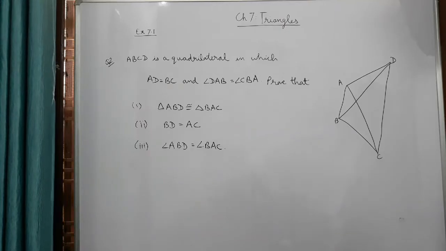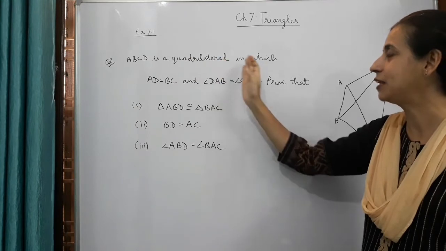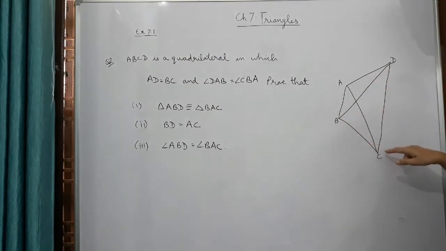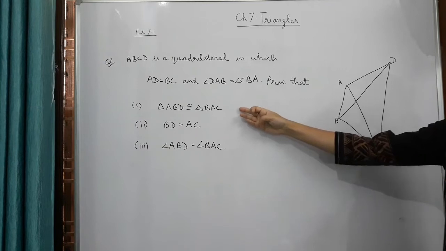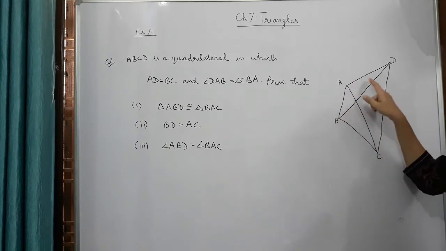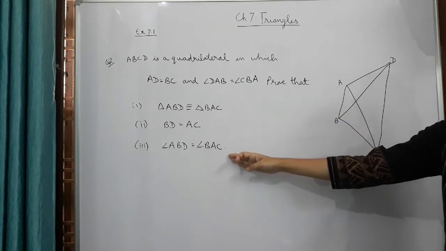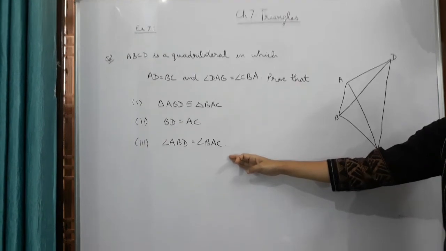Now let us start off with the second question. In this question, ABCD is a quadrilateral in which AD is equal to BC, angle DAB is equal to angle CBA. Then we have to prove that triangle ABD is congruent to triangle BAC, BD is equal to AC, and angle ABD is equal to angle BAC.